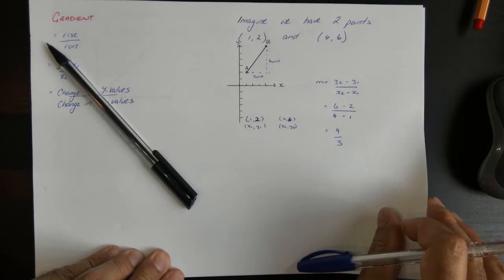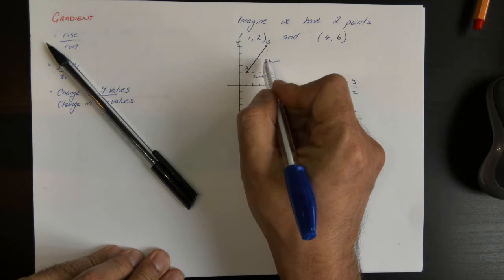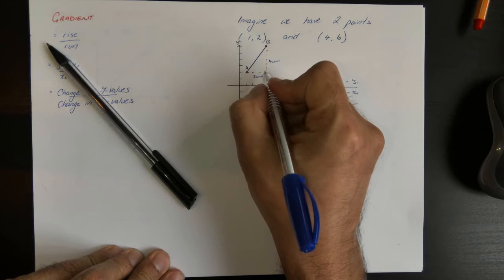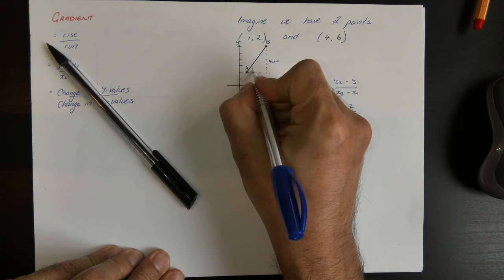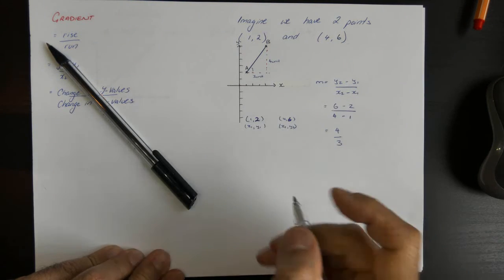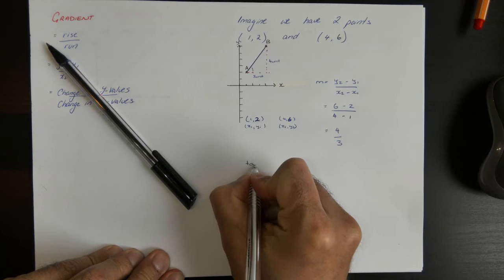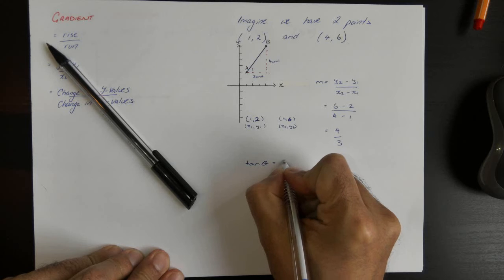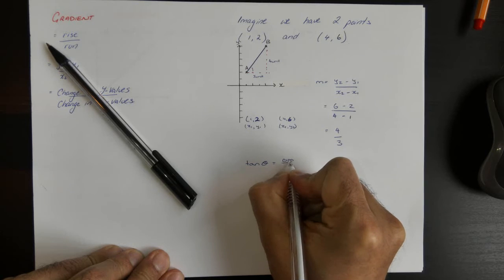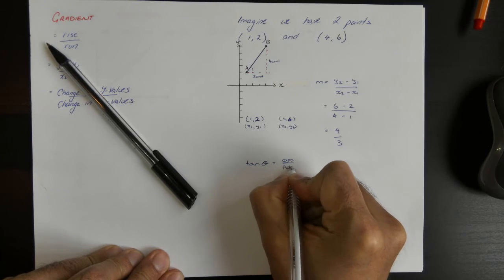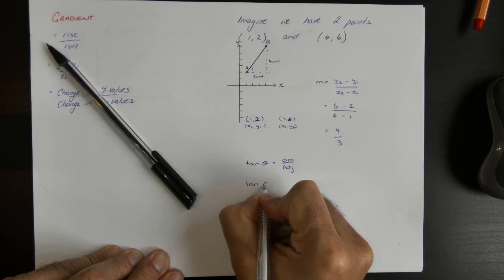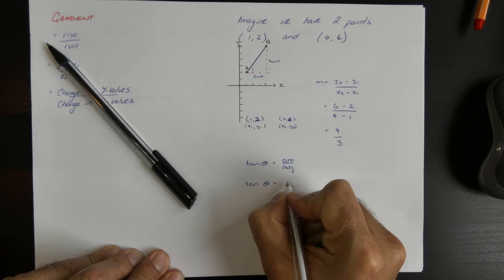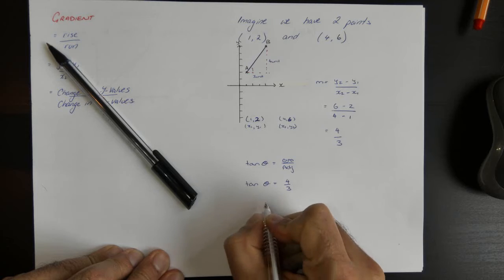Now, looking at this, if I use this as a triangle, I could actually calculate this angle here. I could go tan theta is equal to the opposite over the adjacent side. So tan theta is 4 over 3.